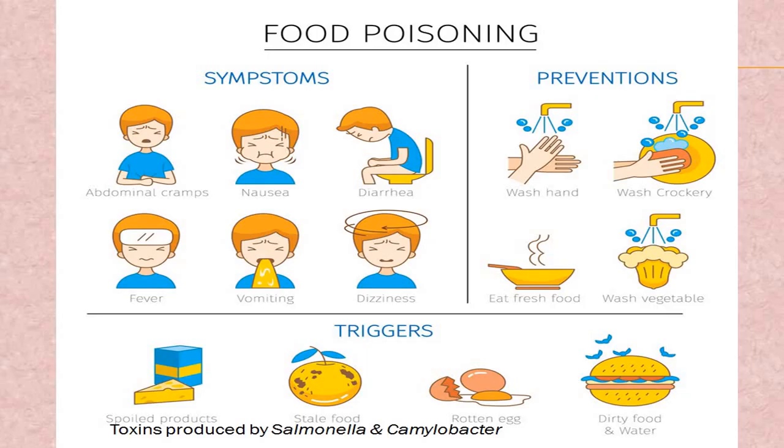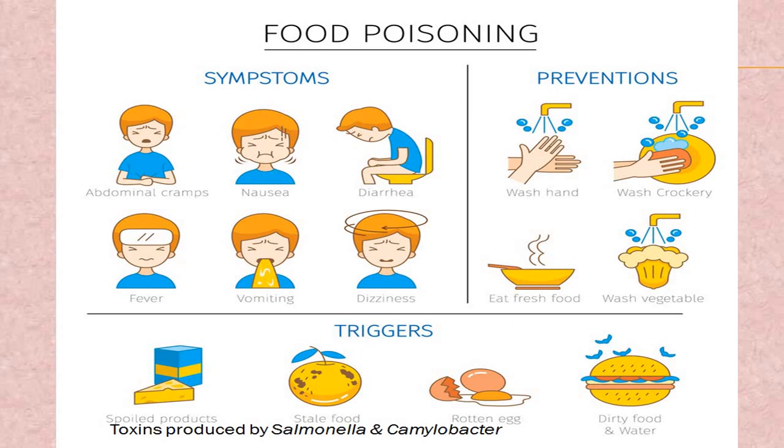You can see the symptoms are abdominal cramps, nausea, diarrhea, fever, vomiting, dizziness, and it is caused by the toxins produced by the bacteria Salmonella and Campylobacter. It is prevented by washing hands and utensils, and eating fresh food and vegetables.